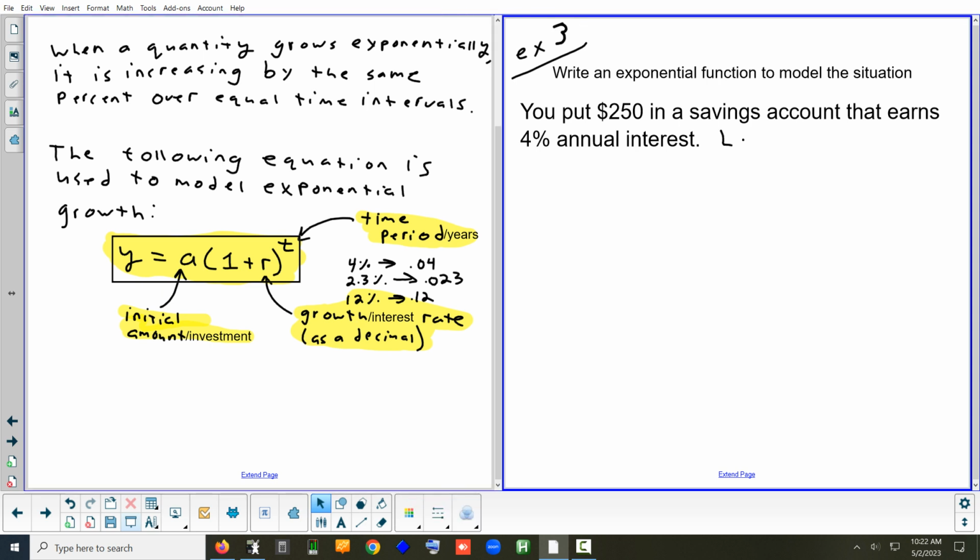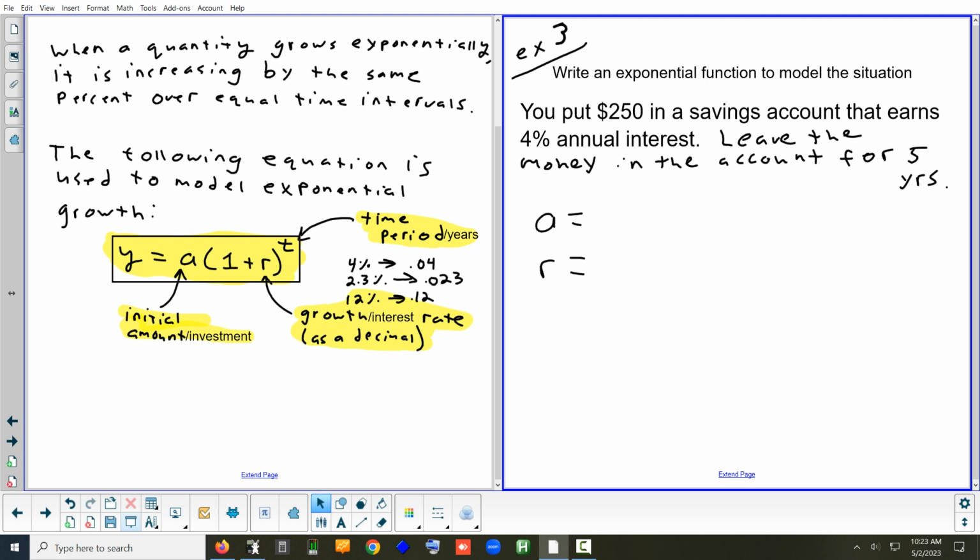We'll leave the money in the account for 5 years. So let's not worry about the last part yet. Let's just focus on the first two. So I need to figure out A, and I need to figure out R.